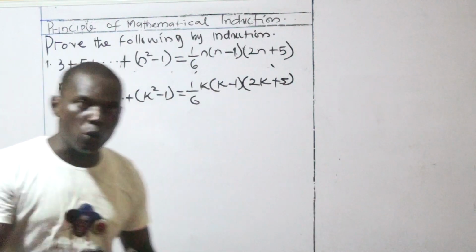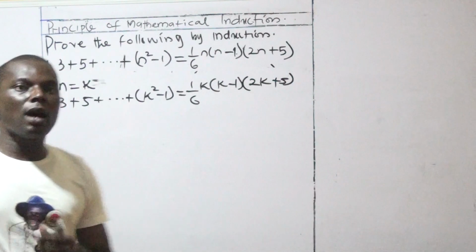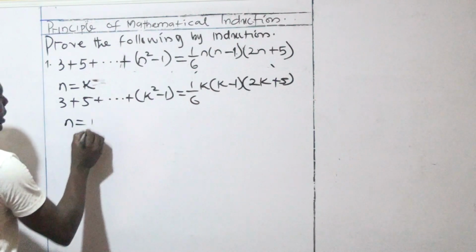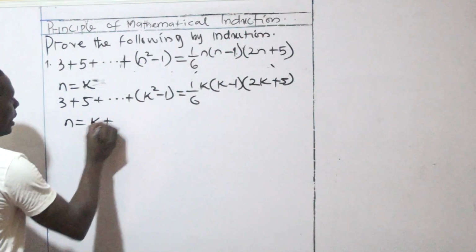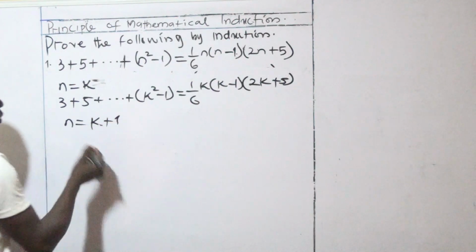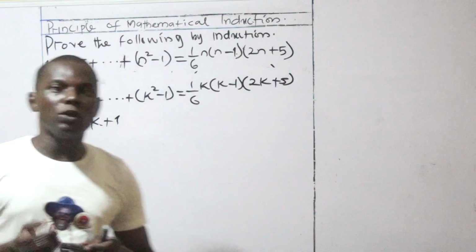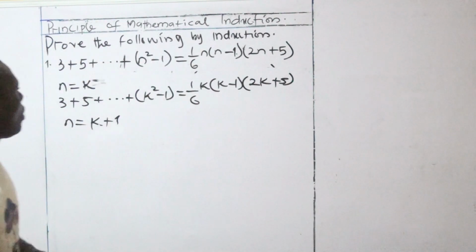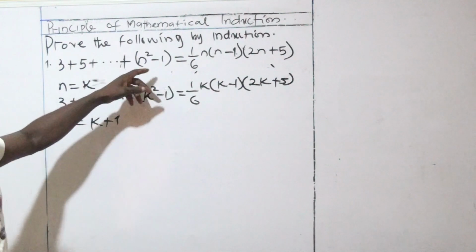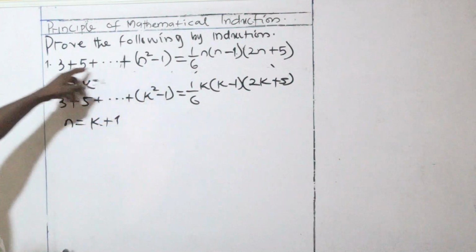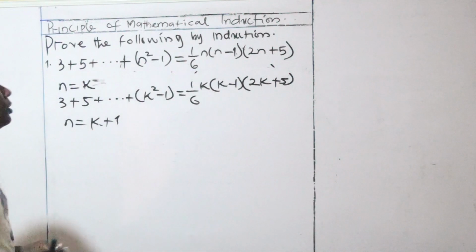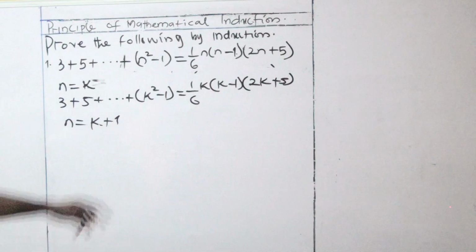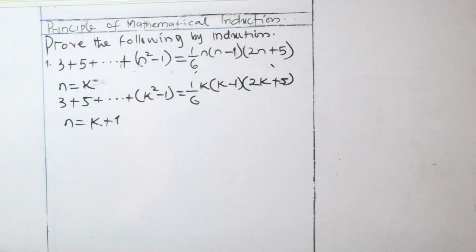So we have done that, and the next step is for us to show clearly that it holds for n equals k plus 1. But before then, like I said, what you need to do here is look at which function is generating this sequence. The function generating it is n squared minus 1.